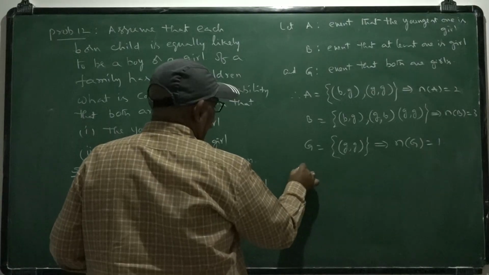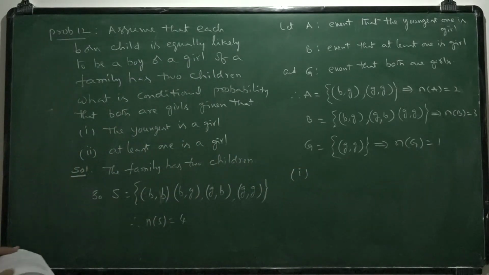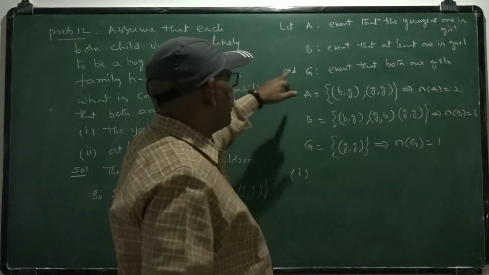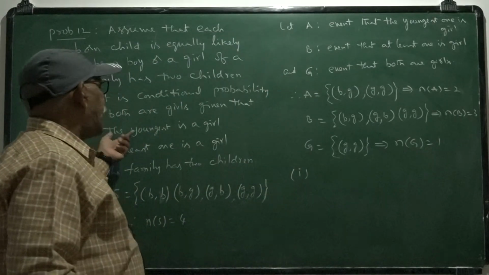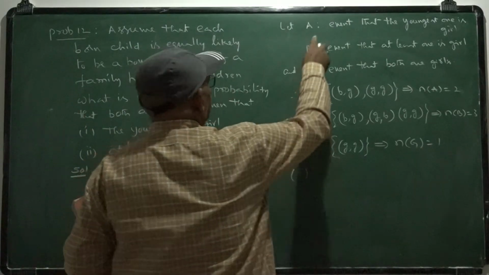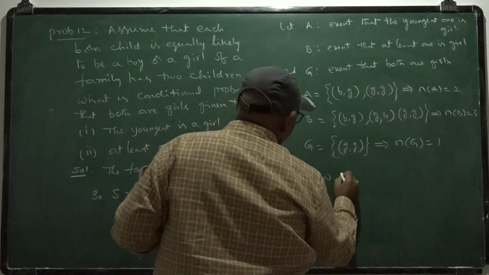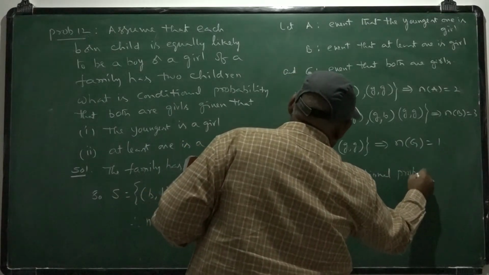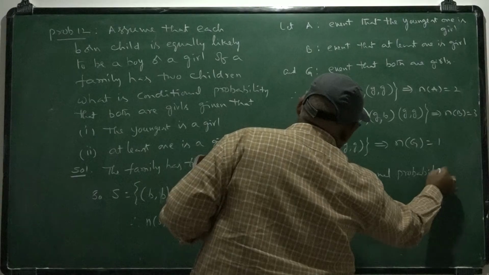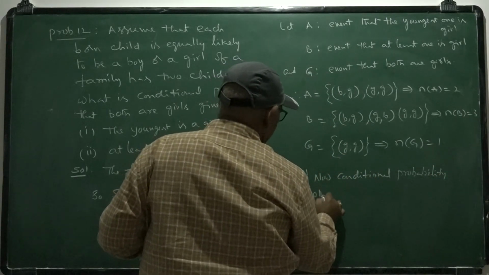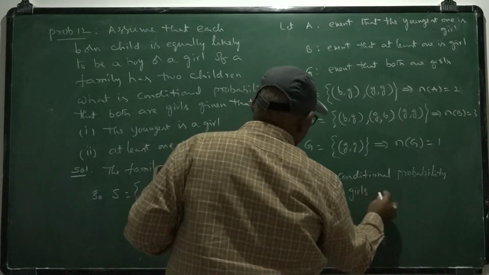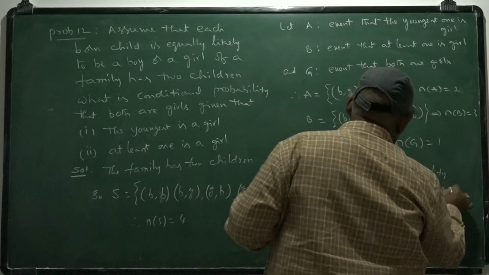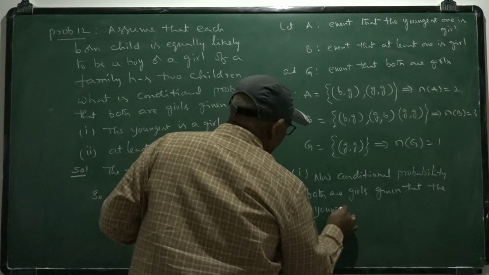Now, case 1. The conditional probability that the family has both girls, that means G happened, given that the youngest one is girl.